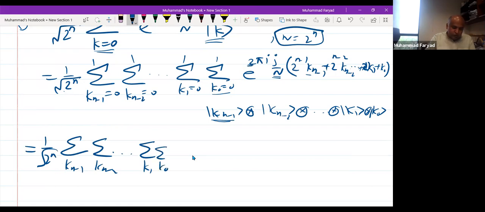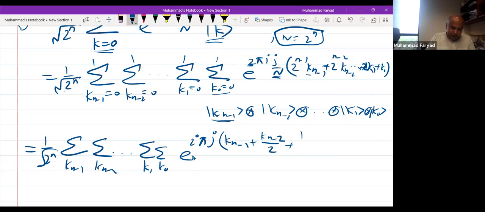So let's take this 2 inside this sum. So this term will become 2 power n, and then there is this N here. So this becomes exponential iota pi j. So this 2n cancels with this 2n, so I have Kn minus 1. For the next one, n minus 2, there's a 2 coming from here. So this is 2n minus 1, and then there's 2n here. So this becomes Kn minus 2 over 2.